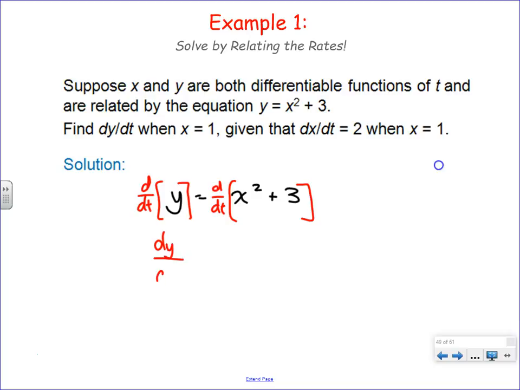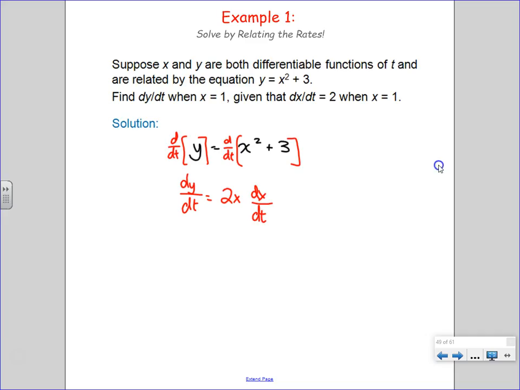So dy/dt is equal to 2x dx/dt. The nice thing is they gave me everything I needed. They gave me the relationship of the quantities. They stated what I know and what I wanted to find, so we just went for it.